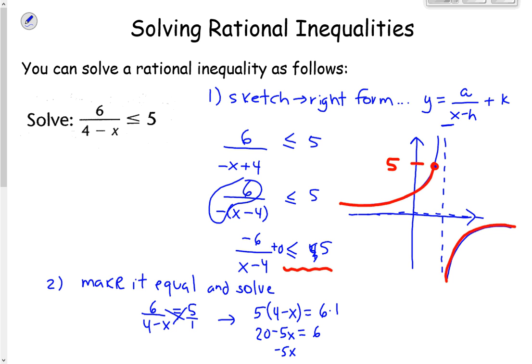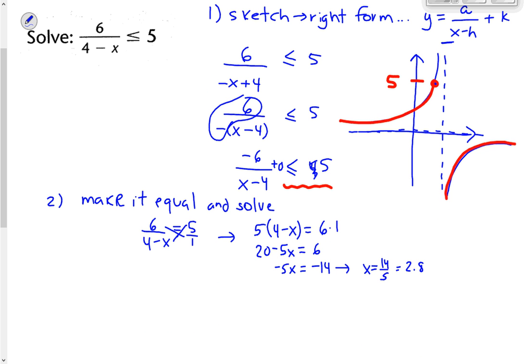So minus 5x is equal to 6 minus 20. So you have x is equal to 14 over 5. I know some of you like the decimal, so that is equal to 2.8. So now that we have our point, we know that x here is 2.8.